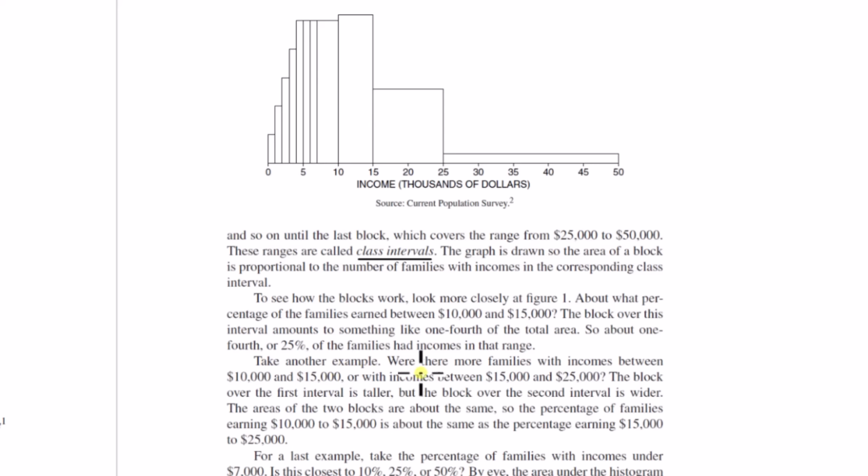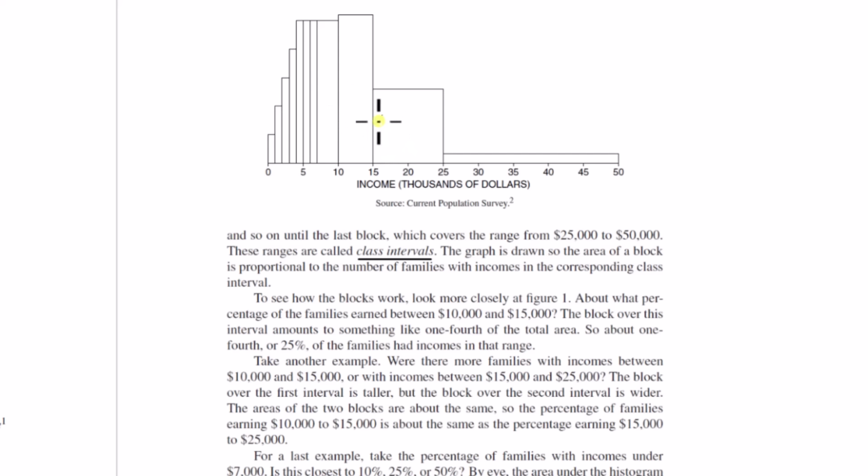Take another example. Were there more families with incomes between $10,000 and $15,000 or with incomes between $15,000 and $25,000? So we're comparing this block to this block. It looks like this block is taller, but this block is a bit wider. So these look to be about the same areas.